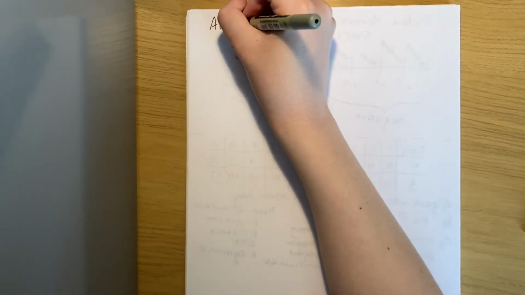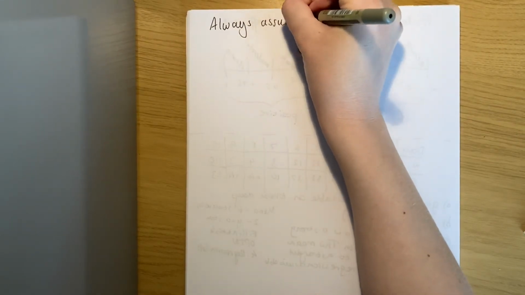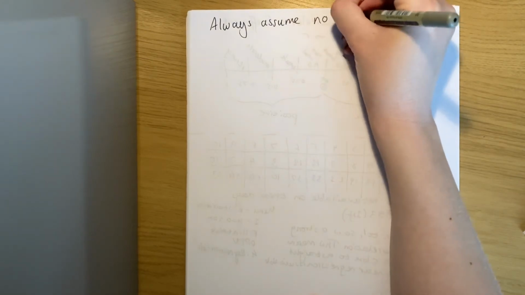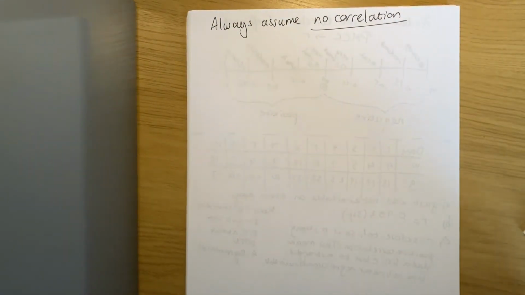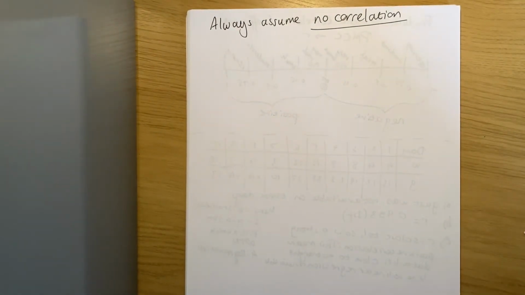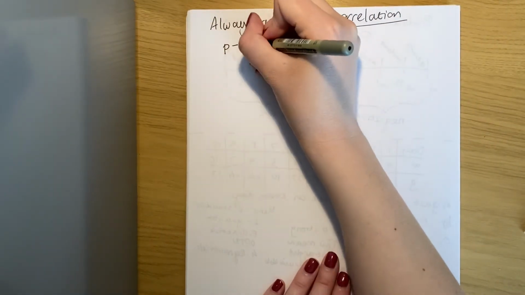So we always, no matter what type of test we do, assume that there is no correlation, and we're testing to see how likely it is that there is correlation.